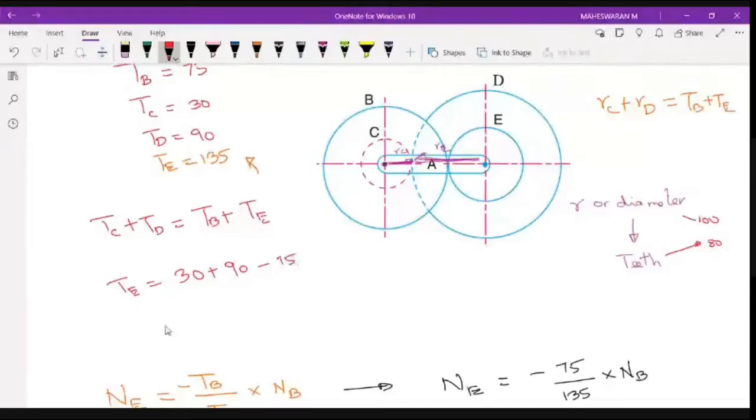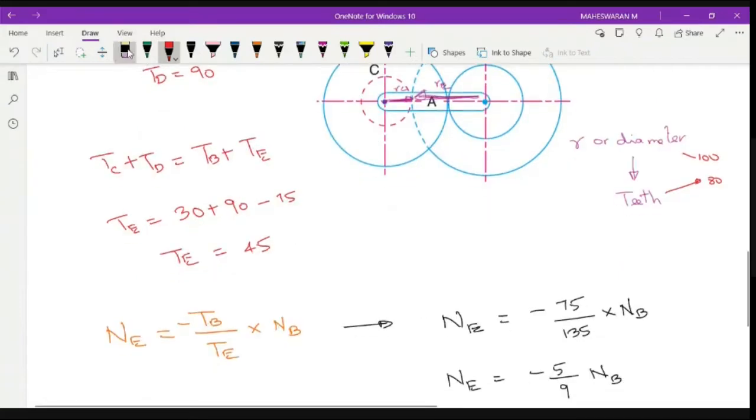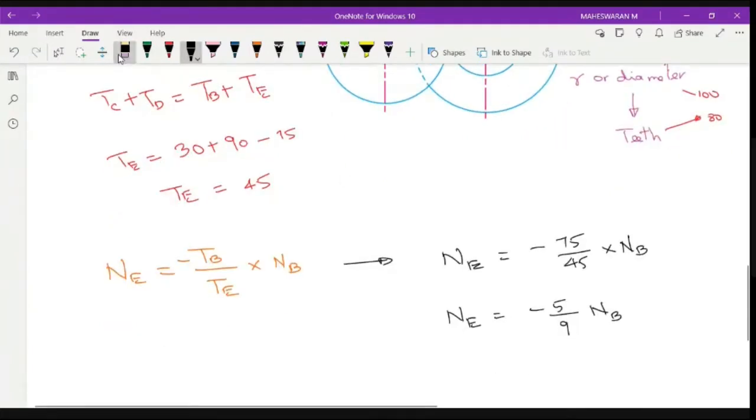What is the value? TE is 45. This is the number of teeth. So in that case, this will be minus 75 divided by 45. What is the value of 75 by 45, in fractions? 5 by 3. Yes, you are getting 5 by 3.